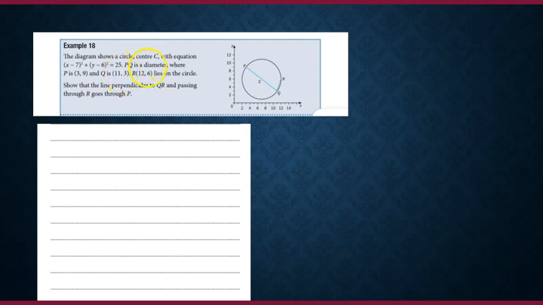PQ is a diameter where P is given at the point (3, 9) and Q is (11, 3). R is (12, 6) and it lies on the circle. Show that the line perpendicular to QR and passing through R goes through P.